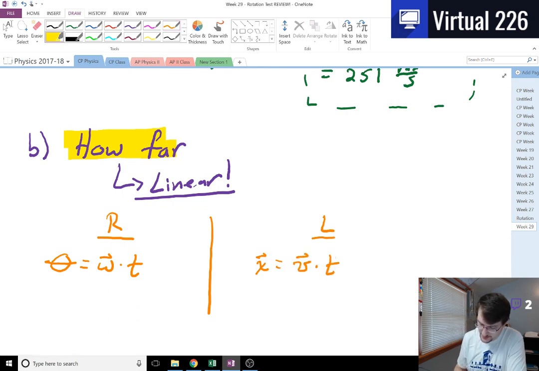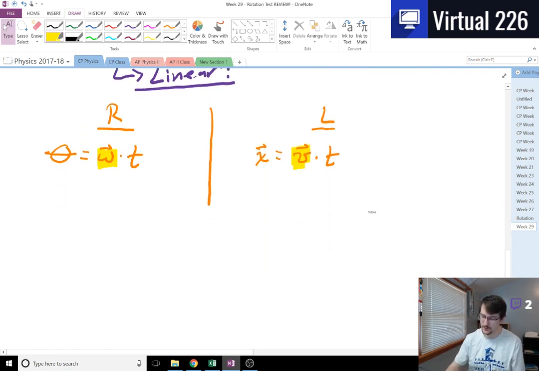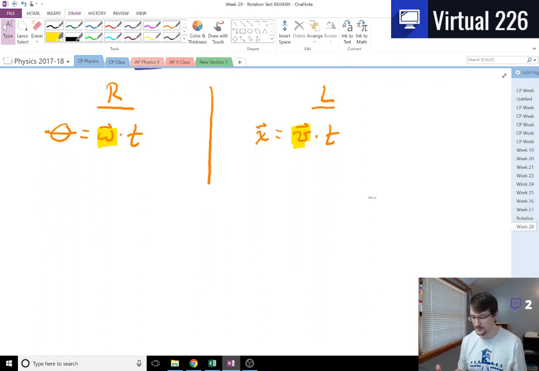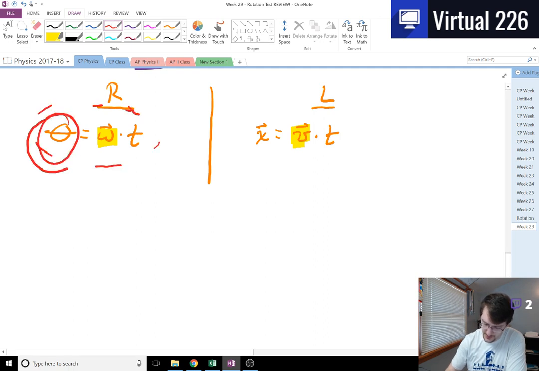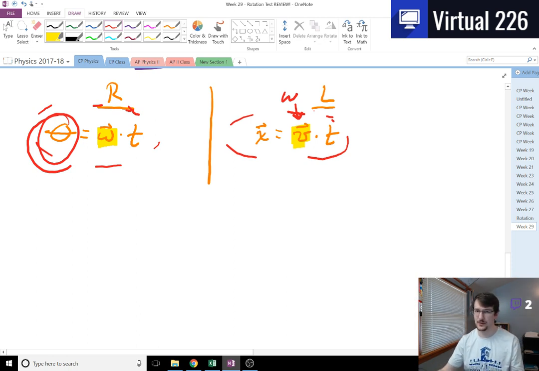In either case, we have some idea of what a velocity is, whether angular or linear, and we multiply by time. So you could do this first on the left, and then convert this quantity, or you could convert omega first into a linear velocity and then solve this out. It doesn't really matter which one you do.